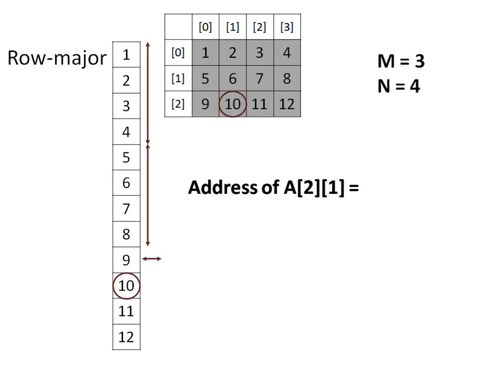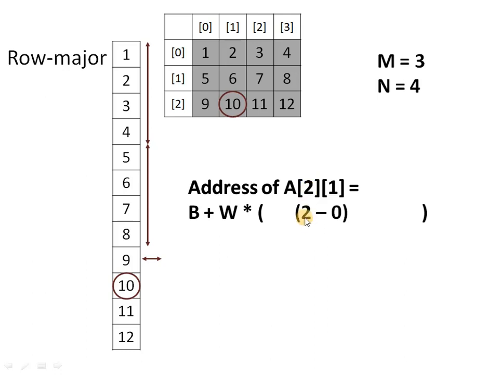Then if we talk about row major order, then the equation will remain the same. That is base address plus width of a single element, that is the number of bytes required to store a single element, multiplied by the number of elements to be skipped. In this particular example, in order to reach 10, we have to first skip 2 rows as is given by the first index.